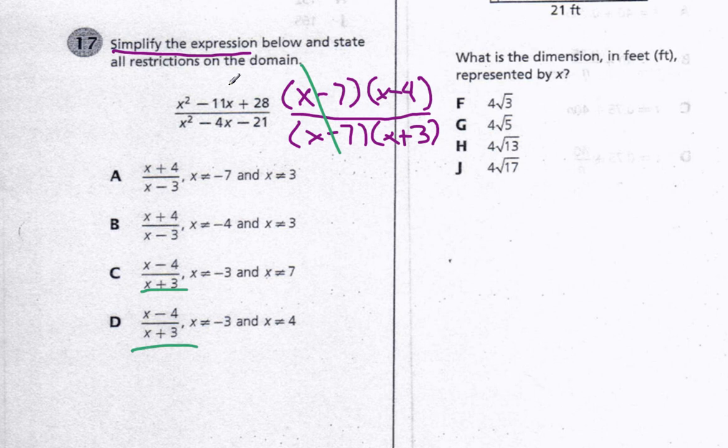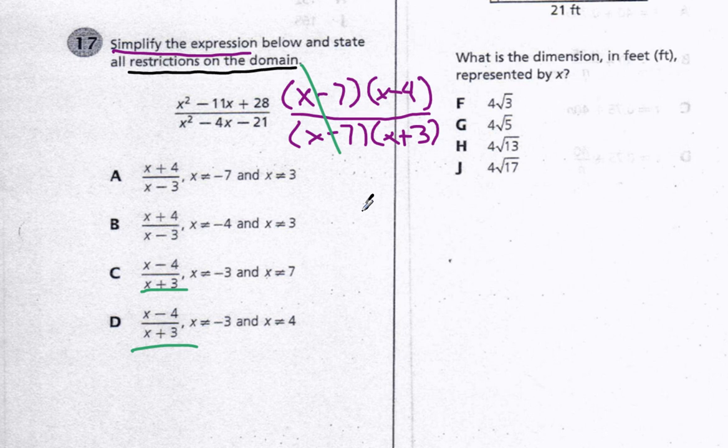What are the restrictions on the domain? So the domain is x. It's saying what can't x be? And if we think about a division problem, the only number in the whole world we can't divide by is 0. So we look for what values of x will make this denominator equal 0. We could use this one, but why do that when we have this one here?